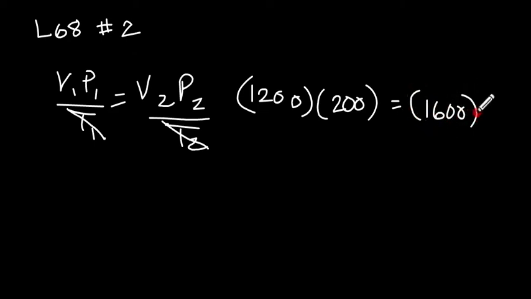And we don't know what the volume 2 was. Told you this is going to be kind of more real time. So we're going to get 1200 times 200, and we're going to divide that by 1600, and we're going to get 150.